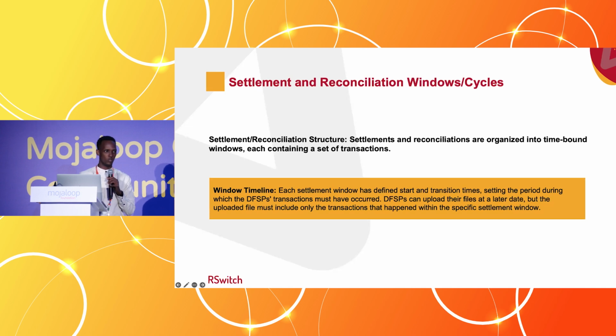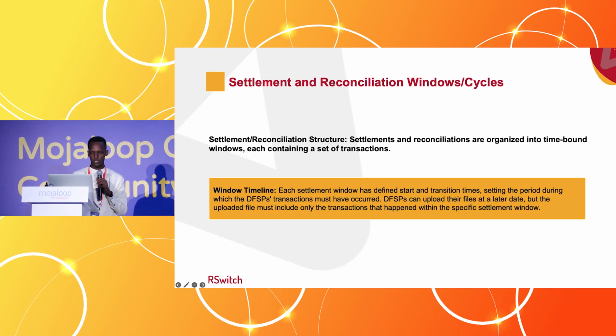It's divided into windows, or cycles as we call them. These cycles have a starting time and an end time, when they transition to another cycle. This is what we call windows. What we try to reconcile are the transactions that happened in these windows.